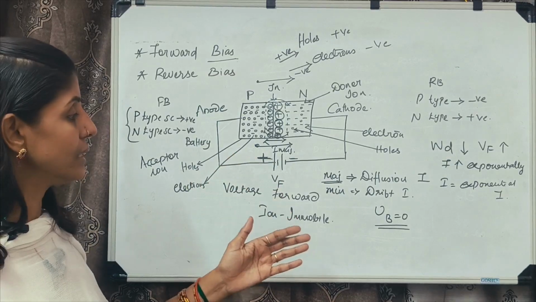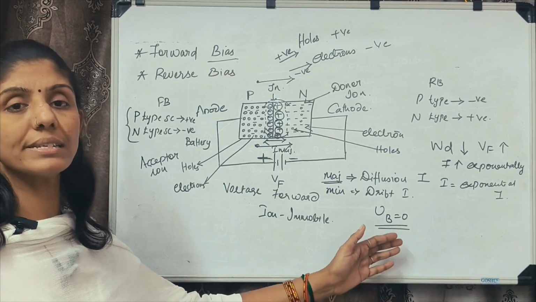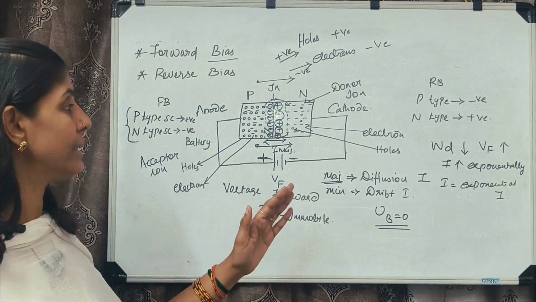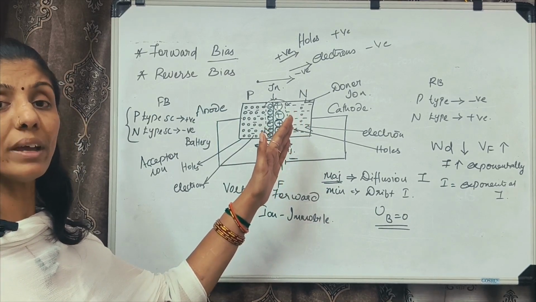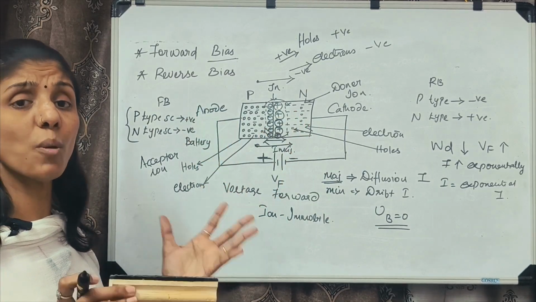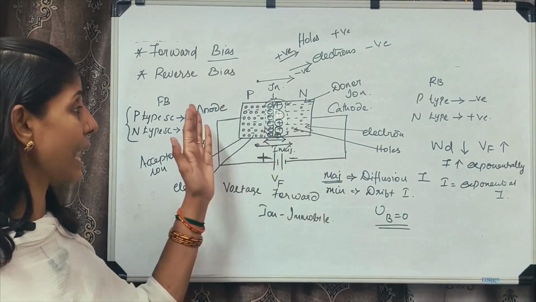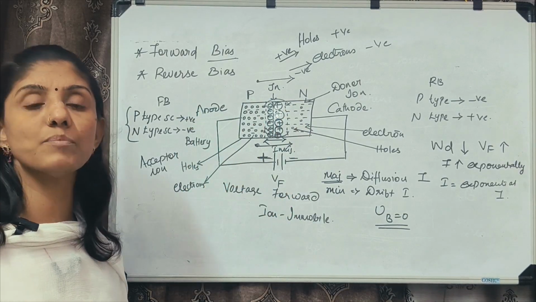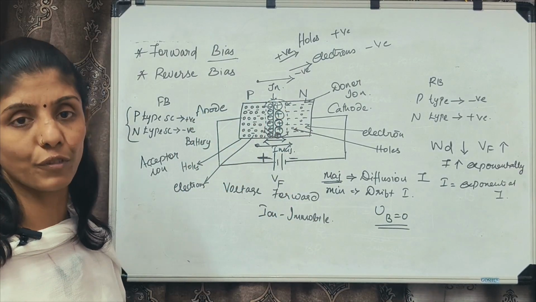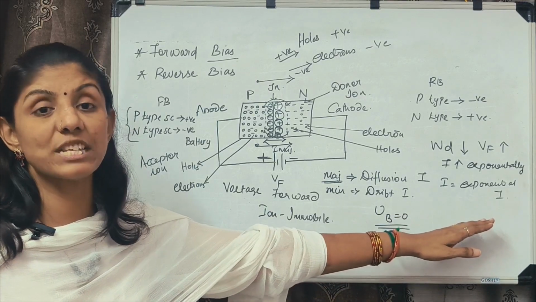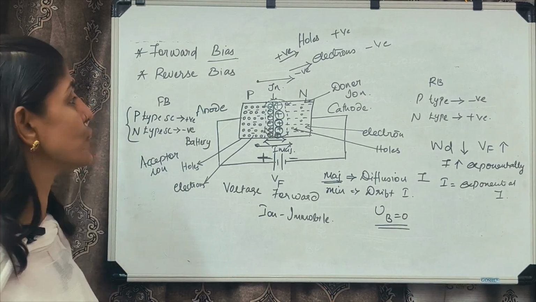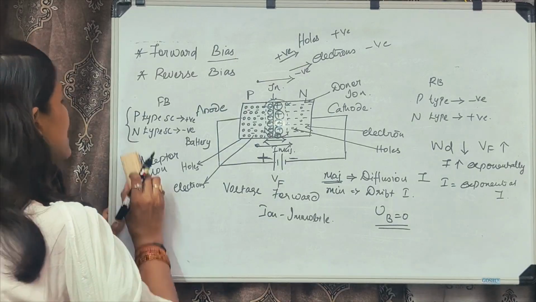Once the barrier potential equals 0, the electrons move so fast, with so much accumulation from the N type to P type, and get absorbed by the positive terminal of the battery. That's why the current will increase exponentially. So this is for the forward bias condition.